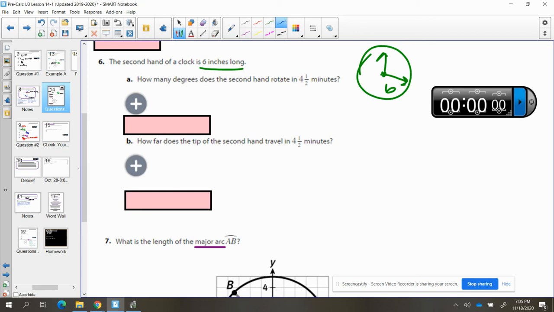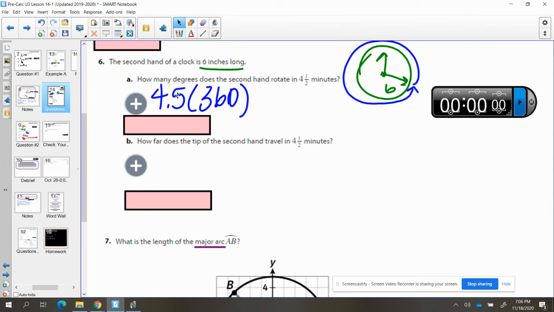Well, 1 minute is a 360 degree rotation. So essentially for 4.5 minutes, we rotate 360 degrees, aka 4.5 rotations around our clock, which leads us to have 1620 as our value.